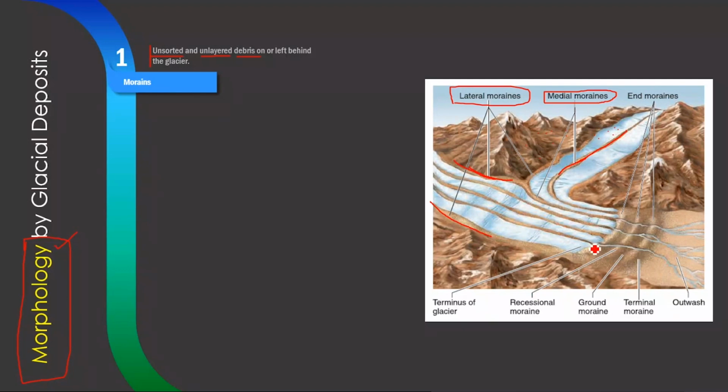Some of the things will be deposited at the end of the glacier, which we call the terminus of the glacier, where it deposits recessional moraines. Okay, this is the area where the glacier is ending.